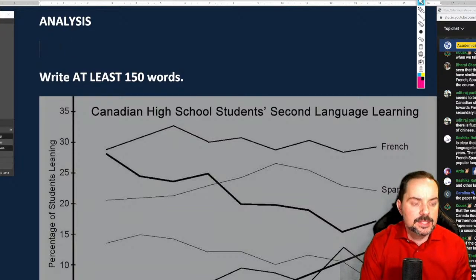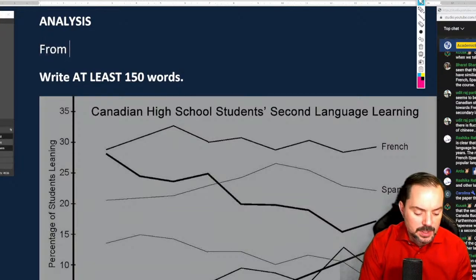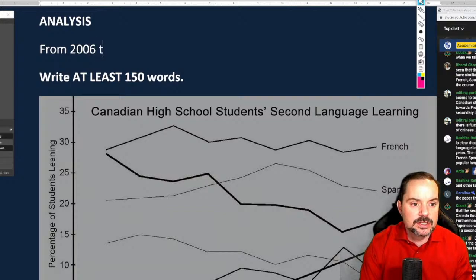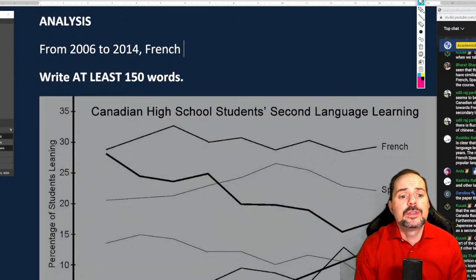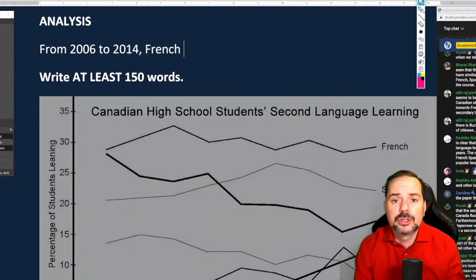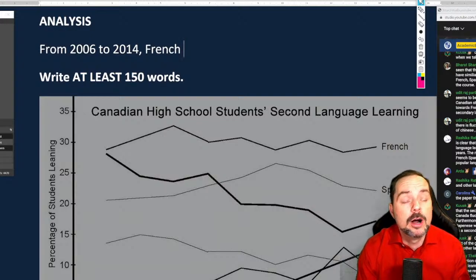So let's just do this. From 2006 to 2014, French, whenever you start a sentence with a time expression, like from a certain date to a certain date, make sure you put a comma after.